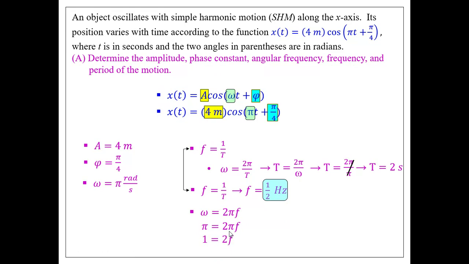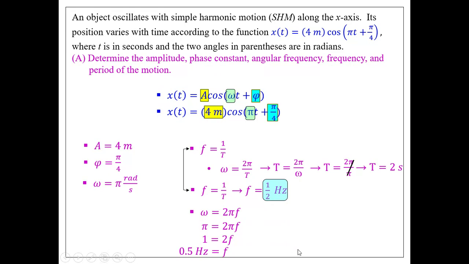The only thing left is 1 equals 2f, so divide both sides by 2, and that leaves you 0.5 hertz or 1 over 2 hertz, which is the same answer. It all depends on how you see these problems and what information you can pull out of these functions. That will dictate which route you take. So I showed you 2 different ways to find the frequency.